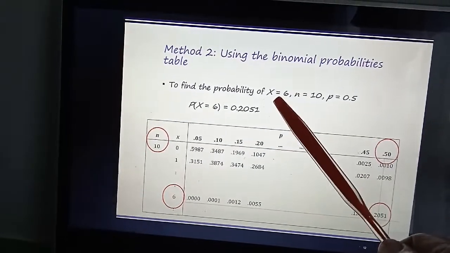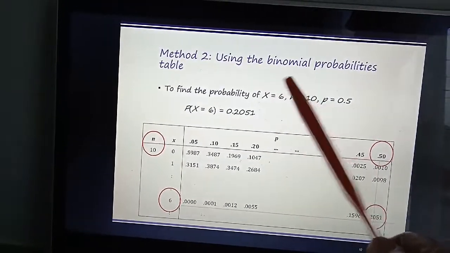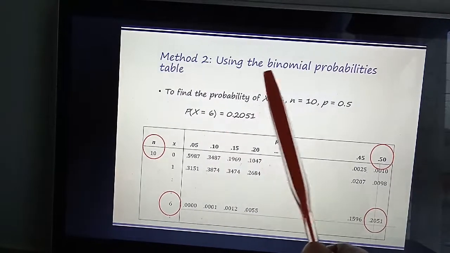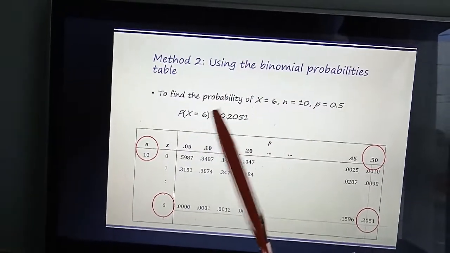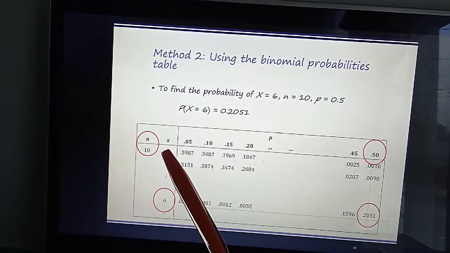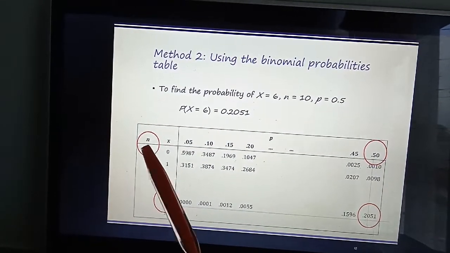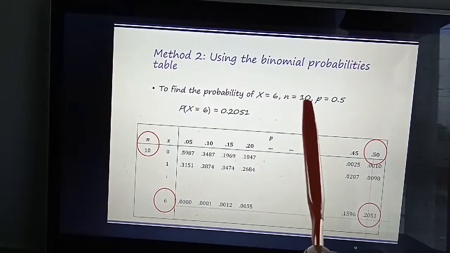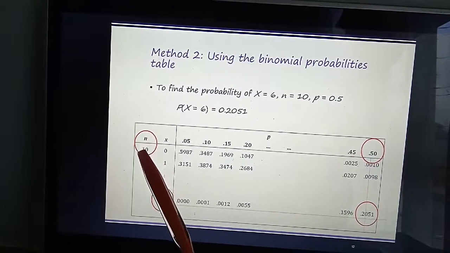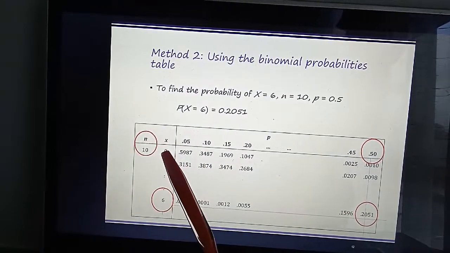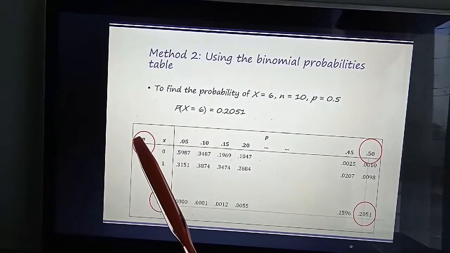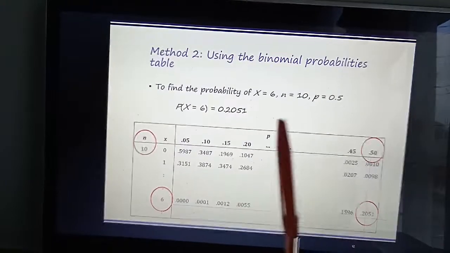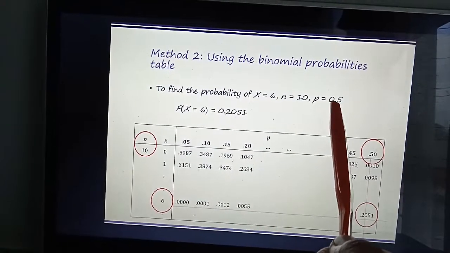Okay, method number 2 is using the binomial probabilities table. We can just use the binomial probabilities table and refer to the table by looking at n, the size, which is 10, in the first column. The second column is the x value, which is 6, and then the first row is p, the probability 0.5.